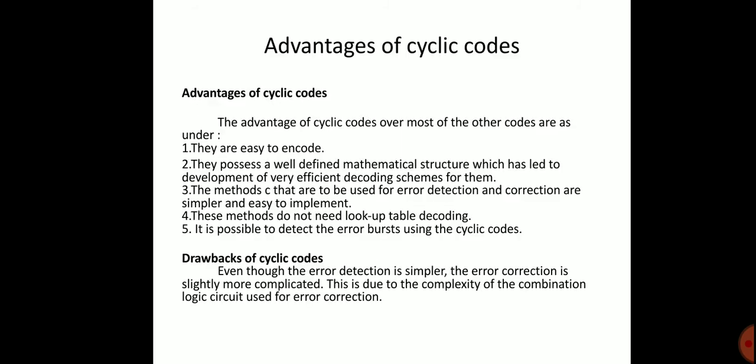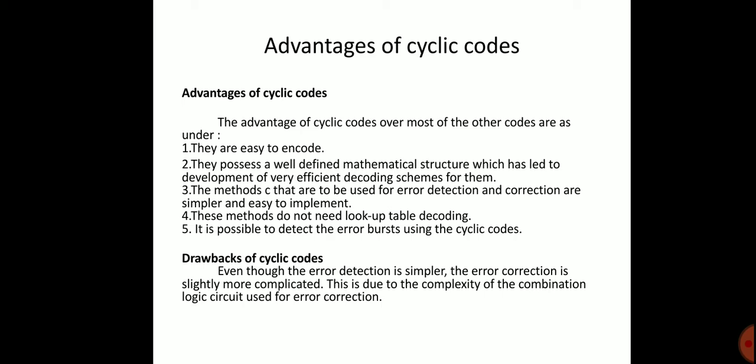What are the advantages and disadvantages of cyclic code? The advantages are, first, they are easy to encode, and second, they possess a well-defined mathematical structure which has led to the development of very effective decoding schemes for them.